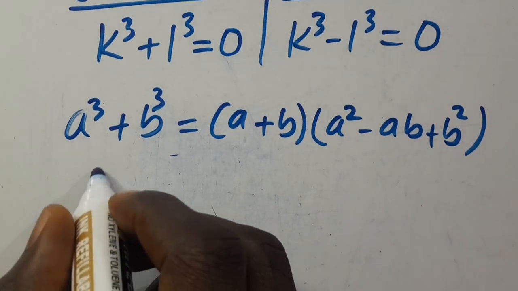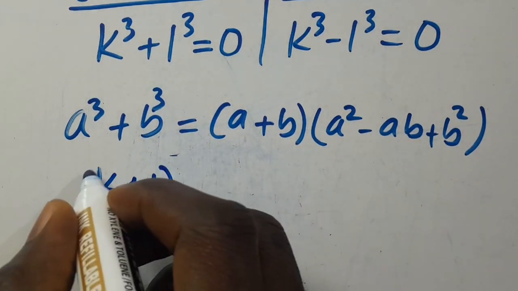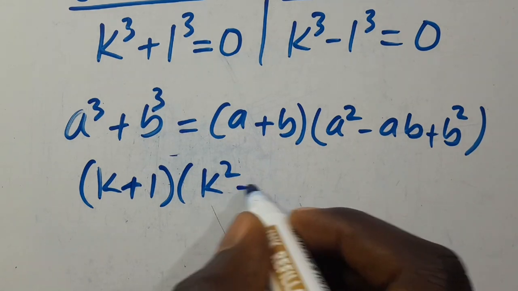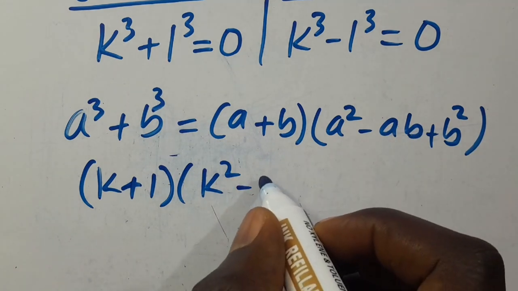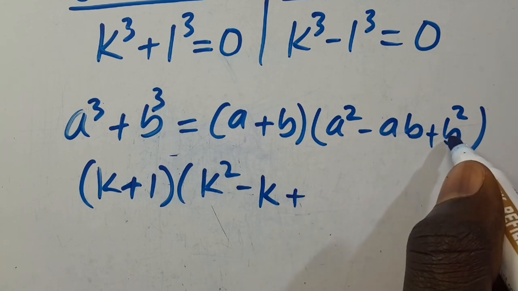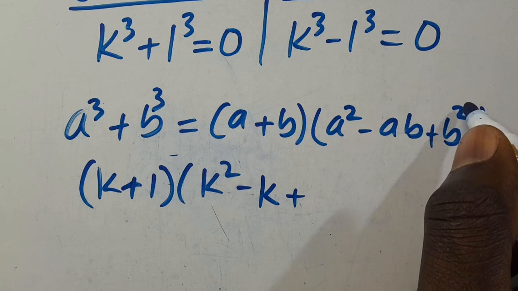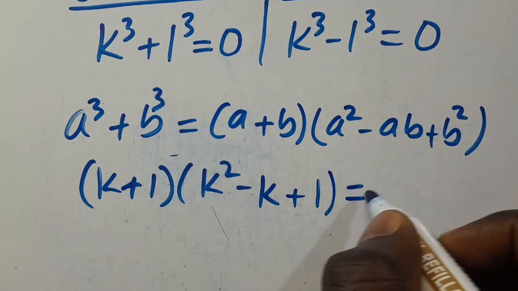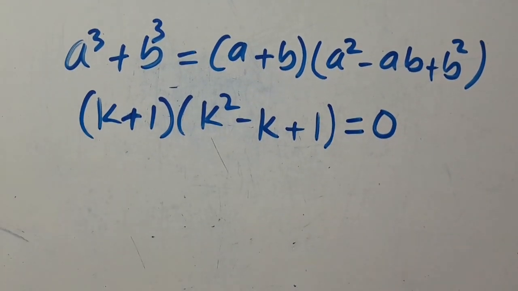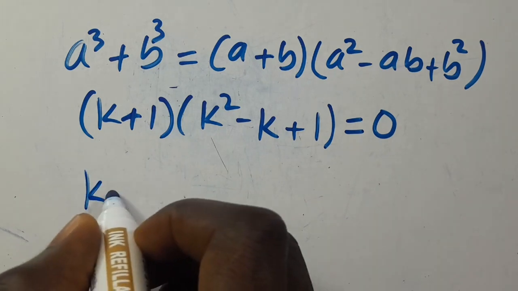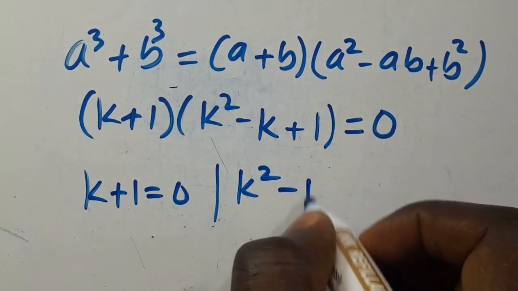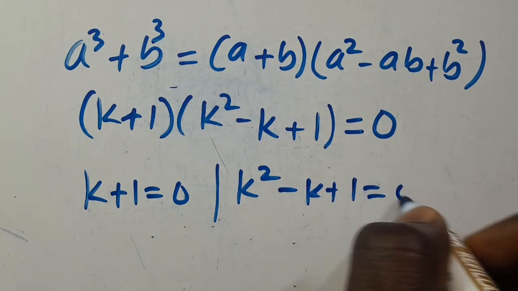We are going to have k plus 1, in parentheses, multiplied by k square minus k plus 1, where a is k and b is 1, and b to the power of 2 will be 1. Then we set everything equal to 0. It is obvious that either k plus 1 equals 0, or k square minus k plus 1 equals 0.